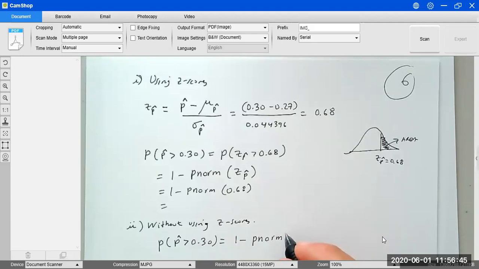So 1 minus pnorm, and we give it 0.30, the mean of the p-hat distribution, and the standard deviation of p-hat.